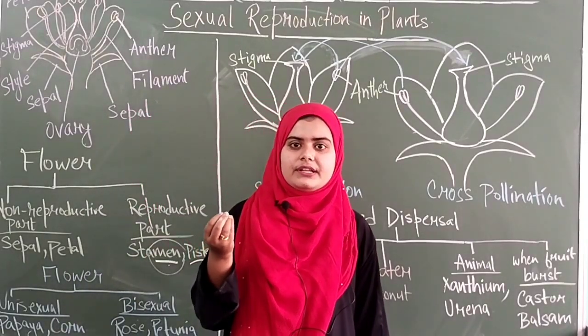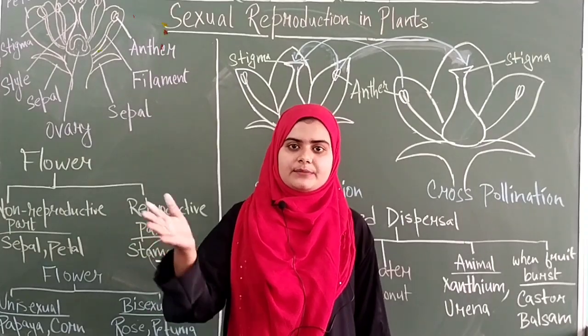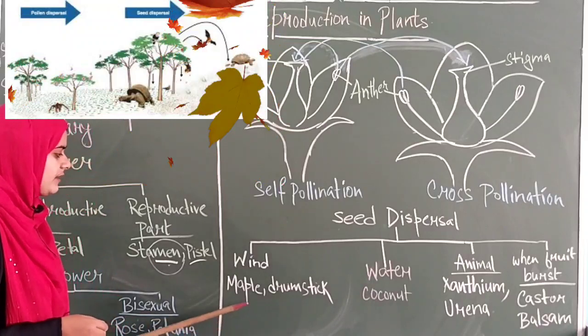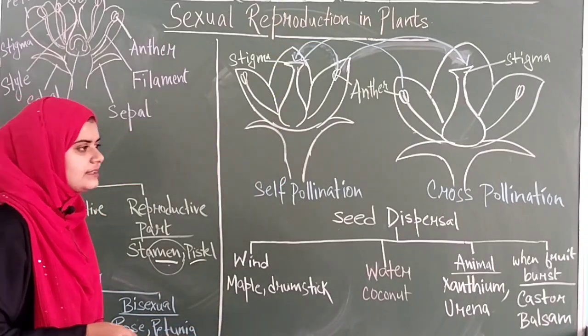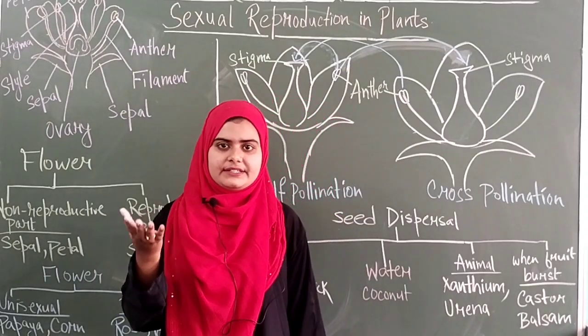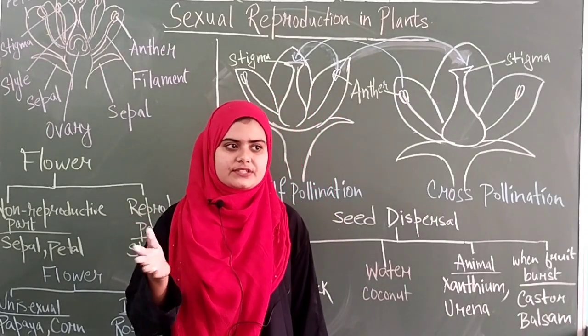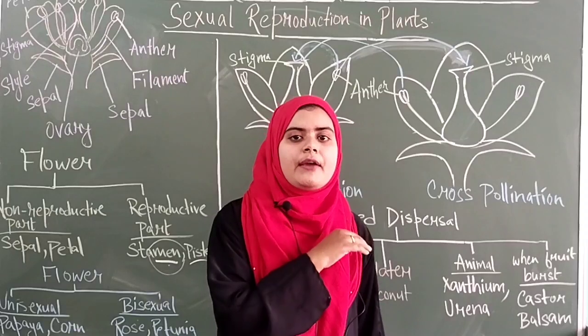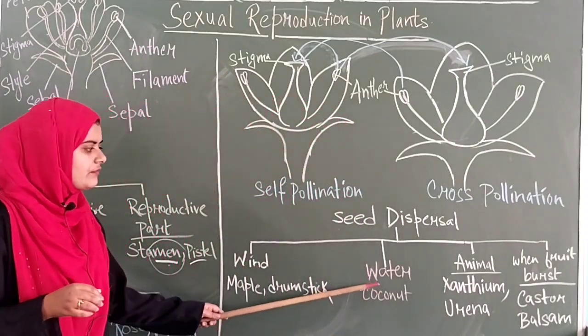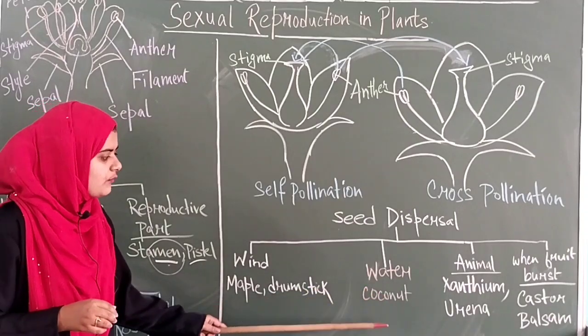Some seeds are very light in weight, so they can be easily carried by wind. The examples are maple and drumstick. These seeds are very light in weight and have a feathery structure, so they are easily flown away with the help of air. The next mode of dispersal is water.